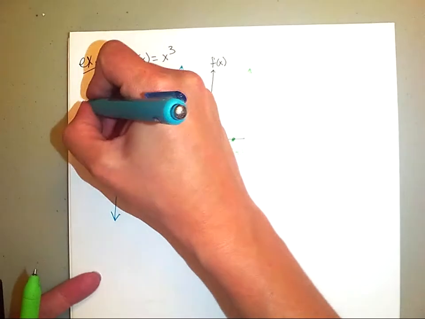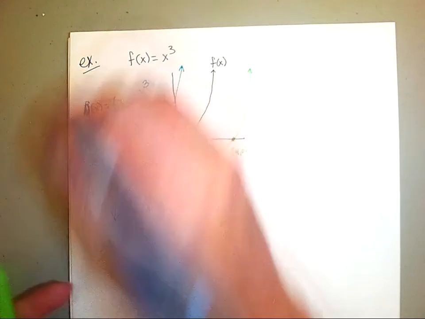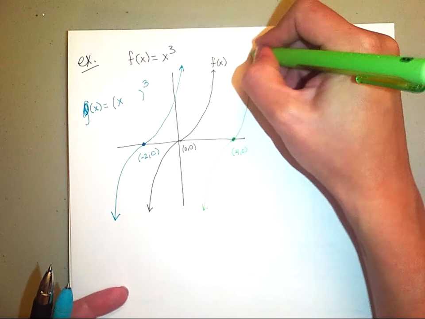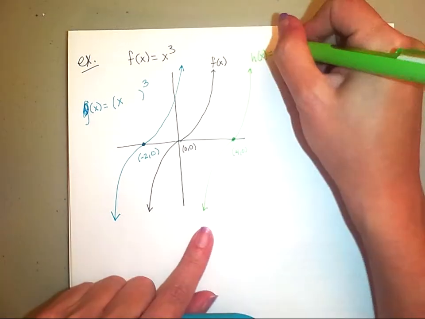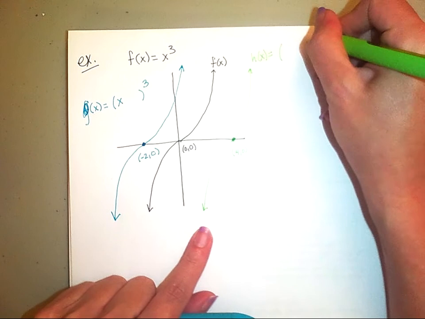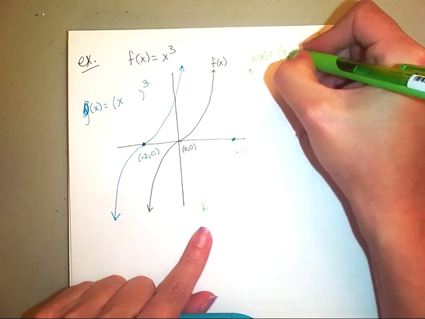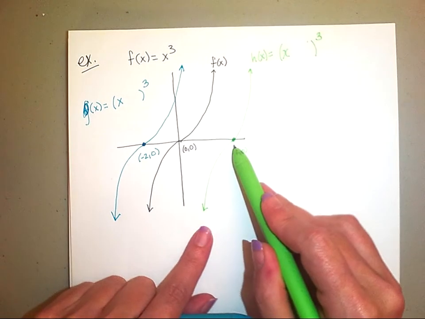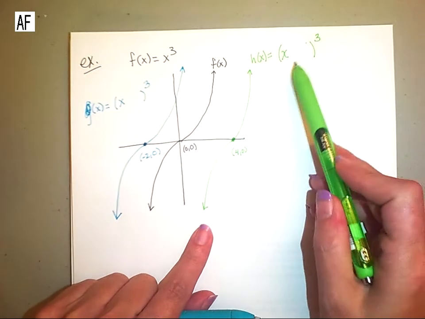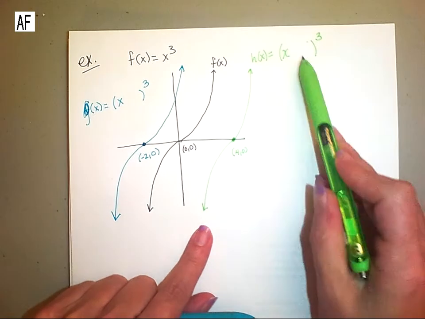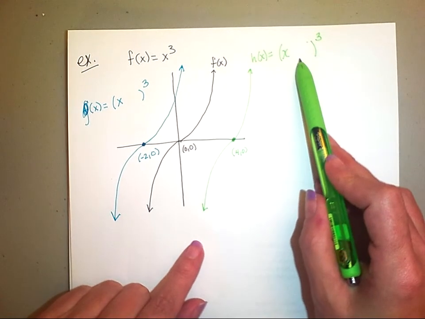And actually, I should call this a g of x, shouldn't I? Because we're a different function, and then let's call this an h of x. Now, because we have the same shape, it will be something cubed, but I'm moving the x values. So I want to make sure that what I changed affects inside of here.